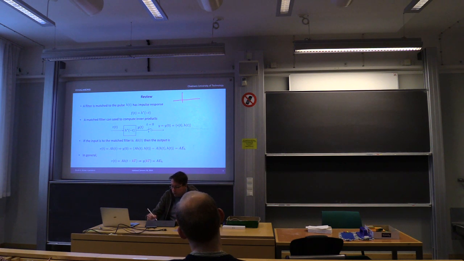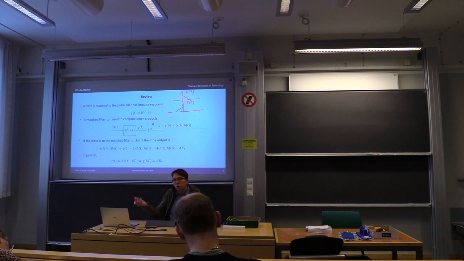If we have a pulse that looks something like this, h of t, then the impulse response f of t is a time reversed version of the pulse. So we just flip it, right? And then complex conjugate if needed. If it's real valued, of course it's not needed.